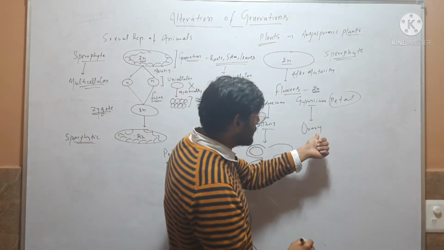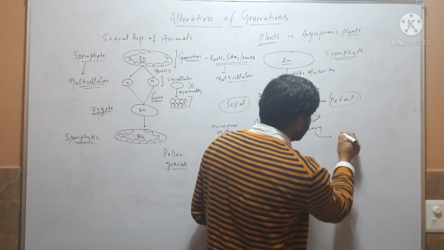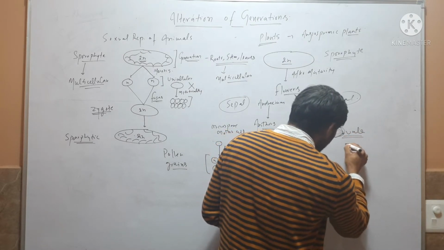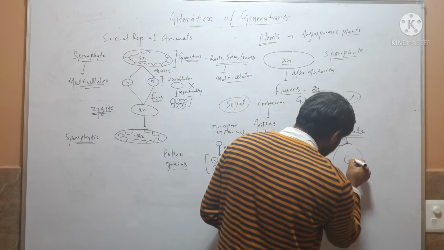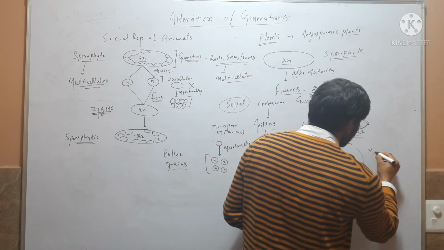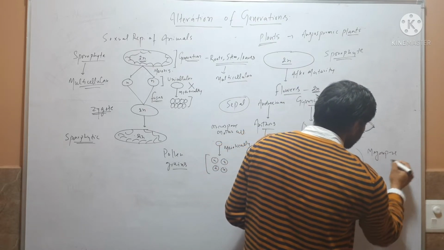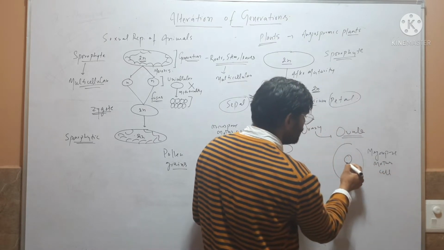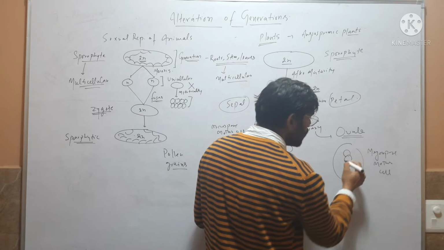In the gynoecium, in the ovary, we know that there is an ovule. Inside the ovule there is a cell called the megaspore mother cell. It will divide meiotically and form 4 cells.